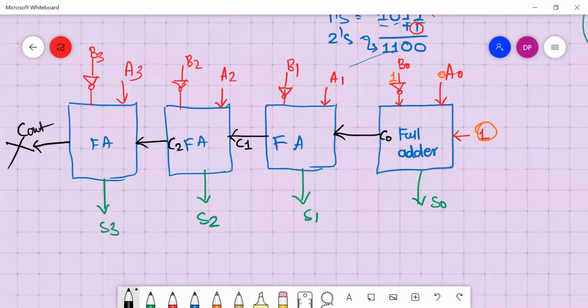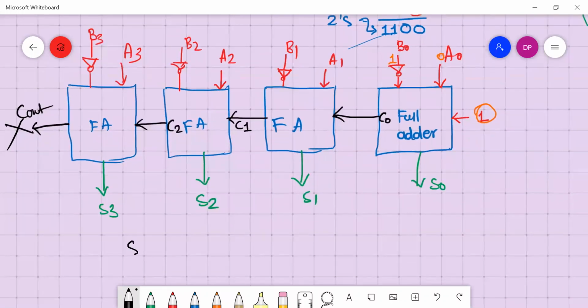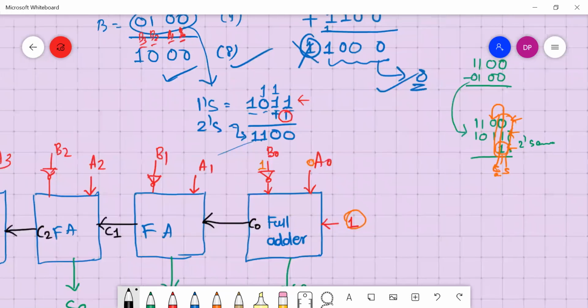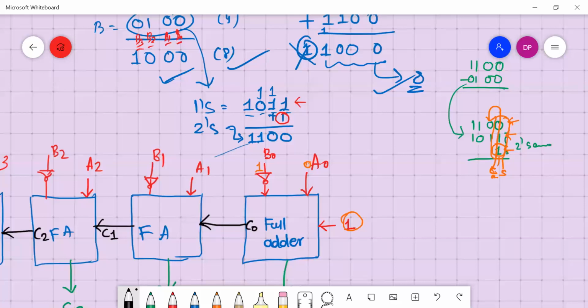Our 4-bit subtraction result is S3, S2, S1, S0, which is evident from this calculation. So let's do it again. This is 1100, so 1011 and add a 1 here.